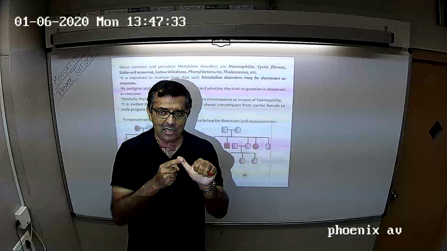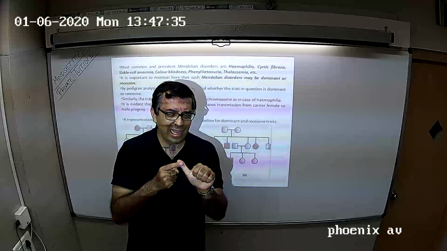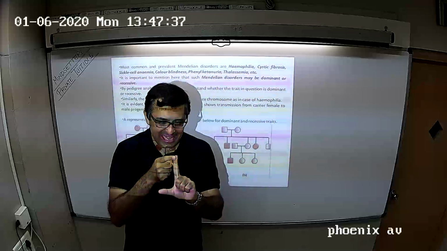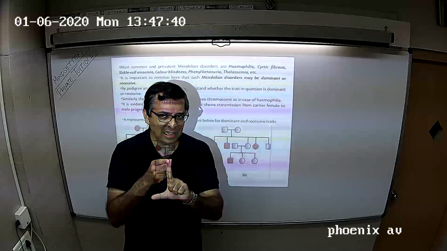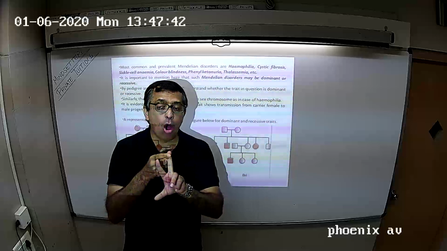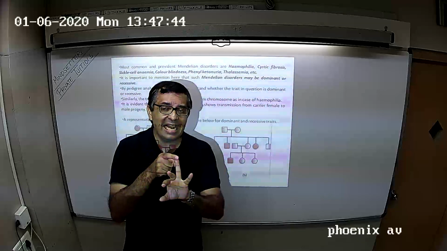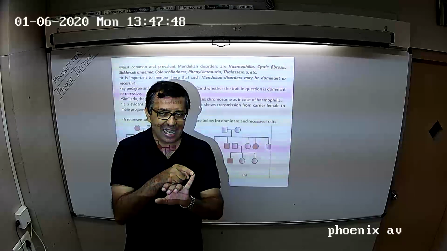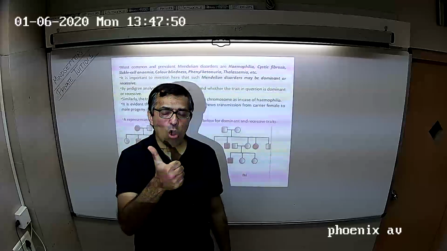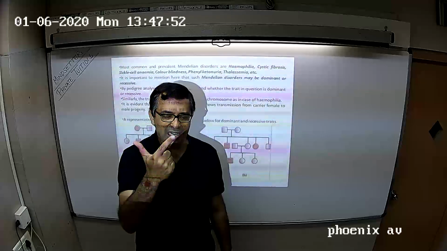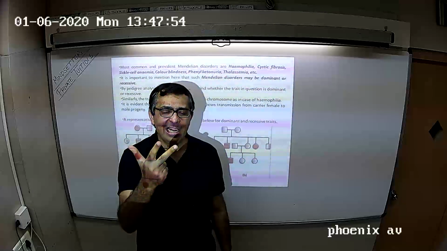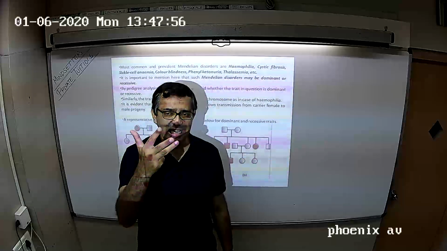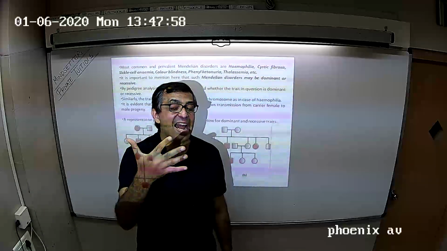Autosomal dominant, जिसके हमने एग्जाम्पल्स किए, autosomal recessive, जिसके हमने एग्जाम्पल्स किए थे, X-linked dominant, X-linked recessive, and Y-linked disease. So once again, you have autosomal dominant, autosomal recessive, X-linked dominant, X-linked recessive, and Y-linked disease.